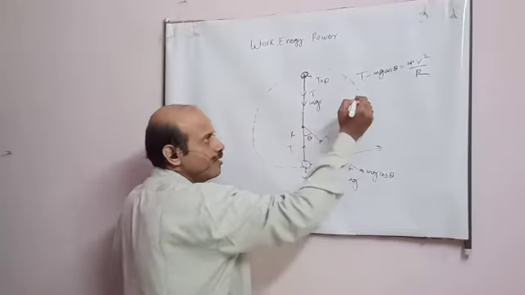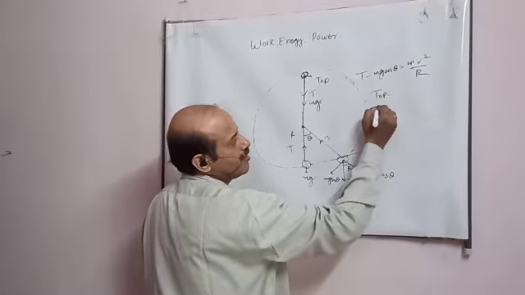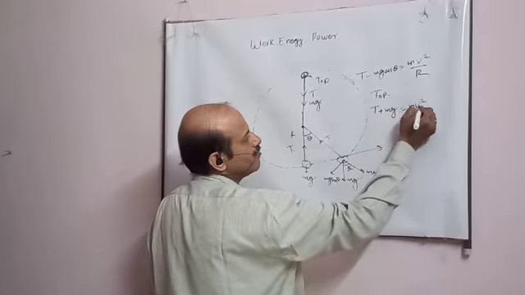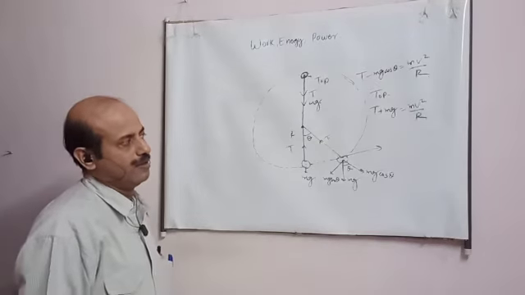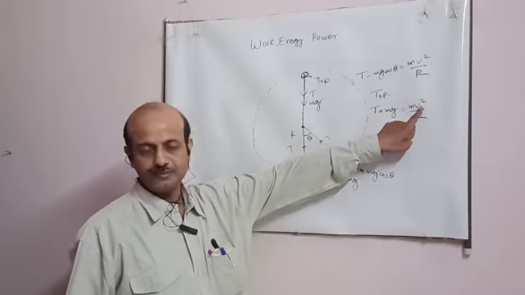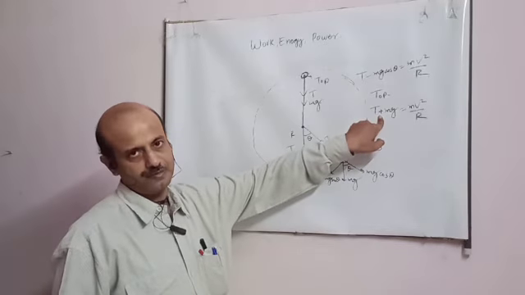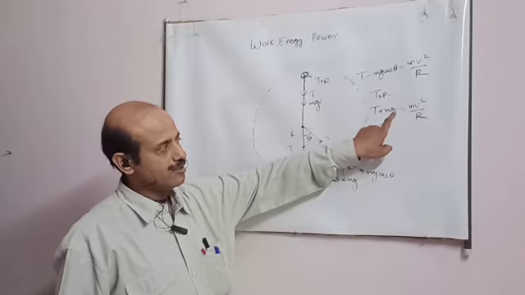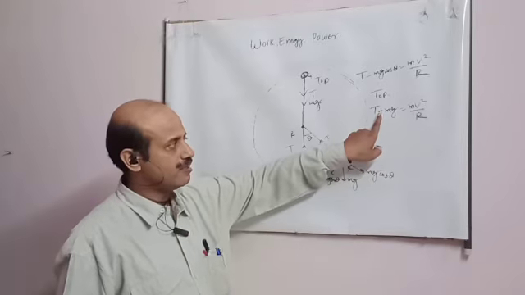At the top, this equation becomes T plus mg equals mv square by r. Now, students, suppose I reduce the velocity. This tension is an auto-adjusting force, it will adjust itself. But mg is not auto-adjusting, it will not change. So suppose I go on reducing the velocity while the tension keeps adjusting.